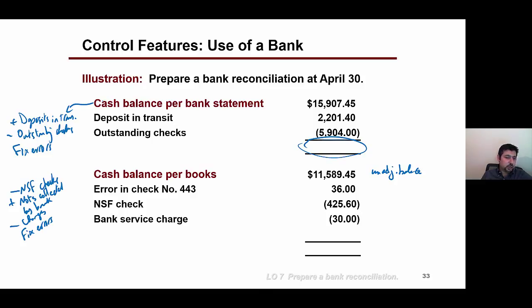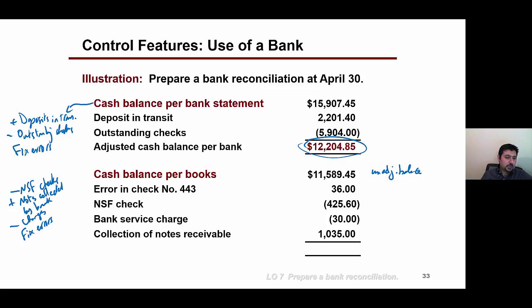This was the charges that the bank charged the company. And finally, we had collection of notes receivable for the amount of $1,035, which was 1,000 plus $50 minus 15 as a collection fee. As a result, we calculate the two amounts and we see that they are the same, which means that they have reconciled and that the company's records are correct.